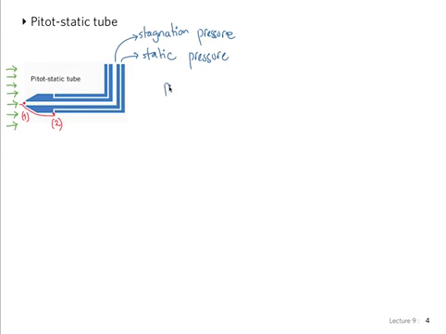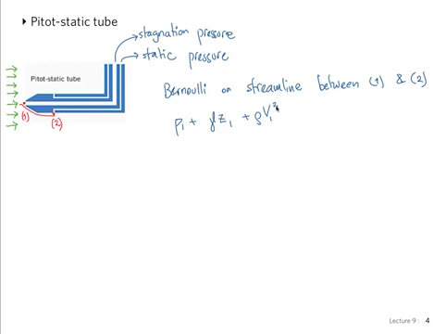So Bernoulli on that streamline, and I will have P1 plus, let's put the whole thing, rho V1 squared over 2. That one will cancel out, but let's just leave it for the time being.